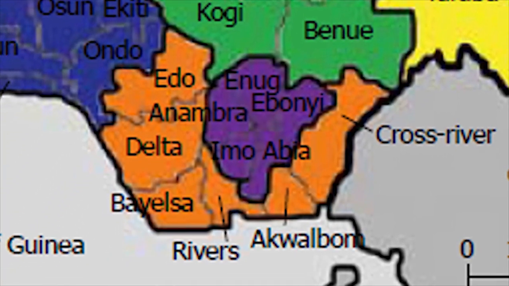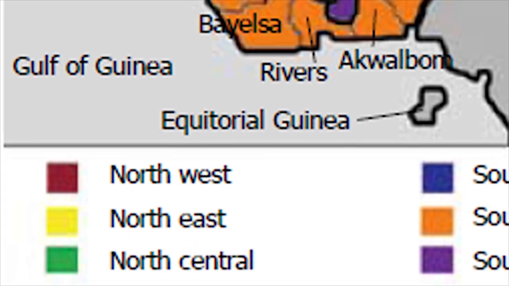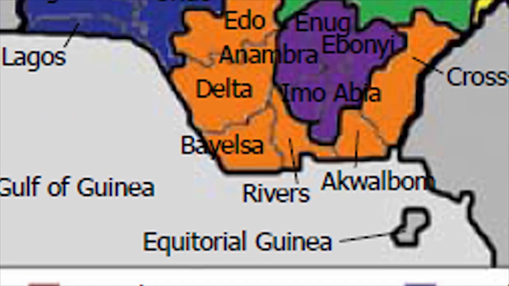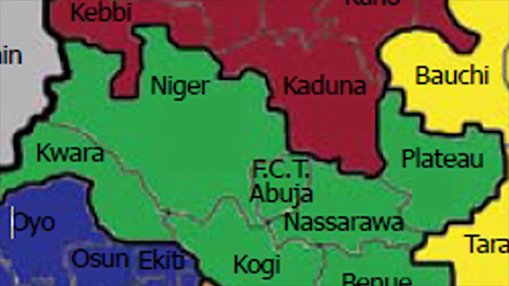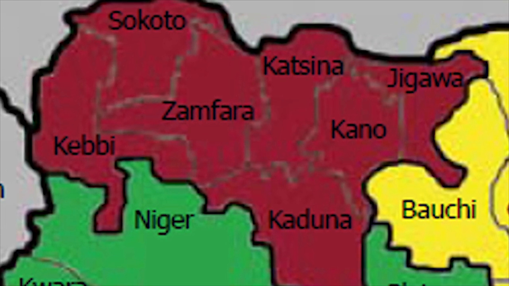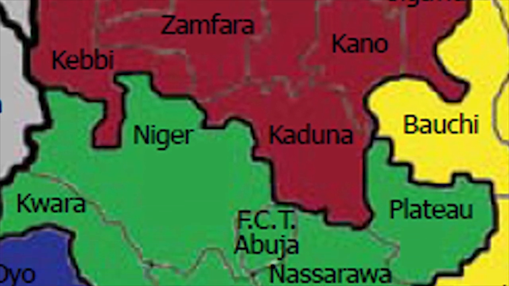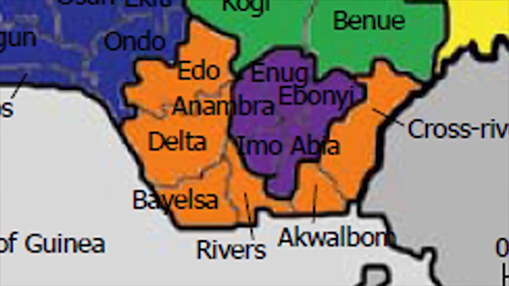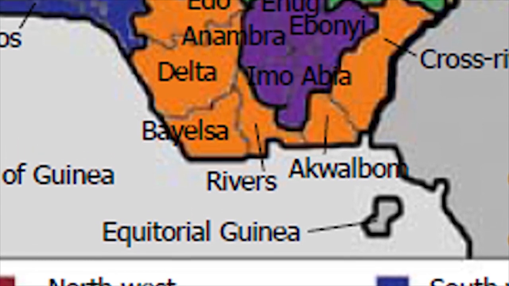All of them are 6 in number, and they are in the northeastern geopolitical zone. We have Kebbi, Katsina, Kaduna, Sokoto, Kano, Jigawa, and Zamfara states as the northwestern geopolitical zone.